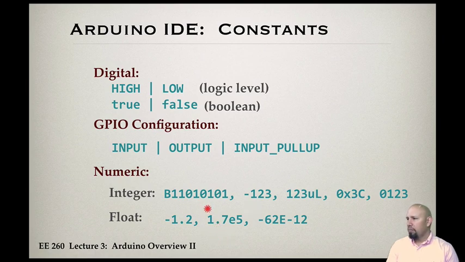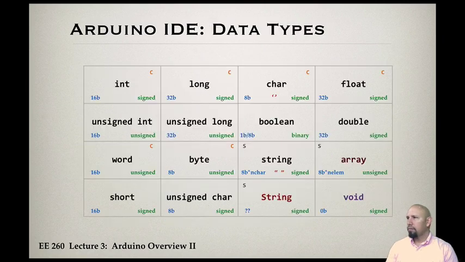I can define it in exponential notation. So this is an example. I can use either little e or big E. So this is 62 times 10 to the minus 12. So I can define numeric constants, either integer or floating point.